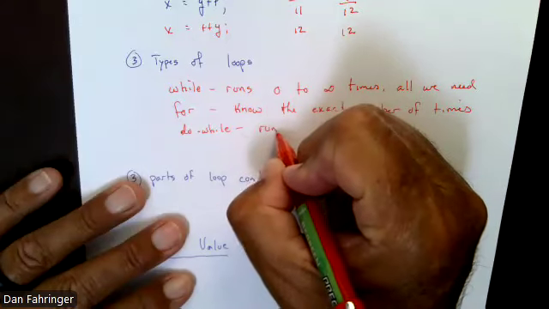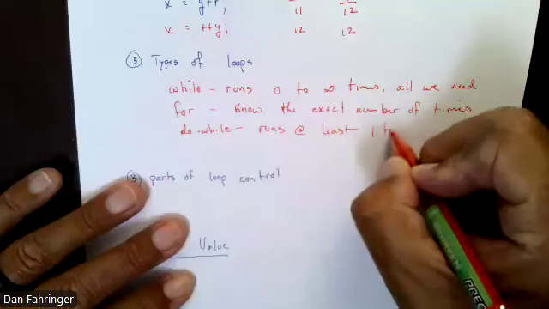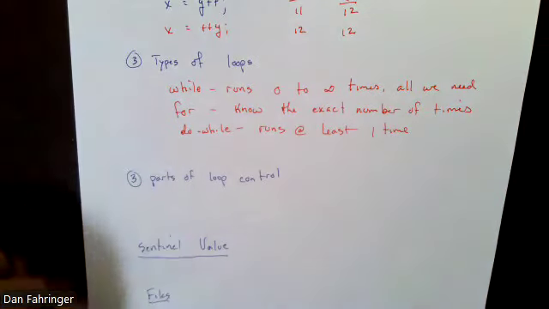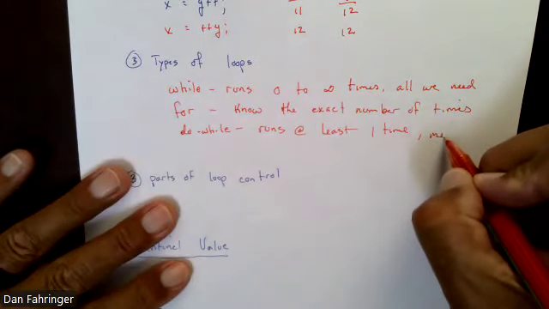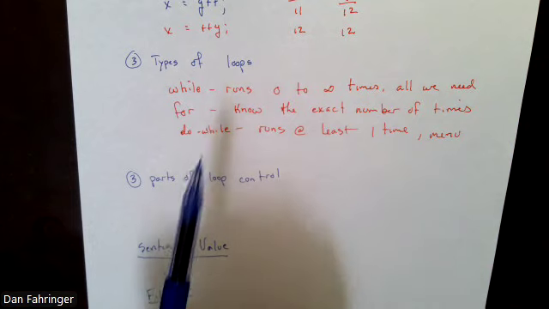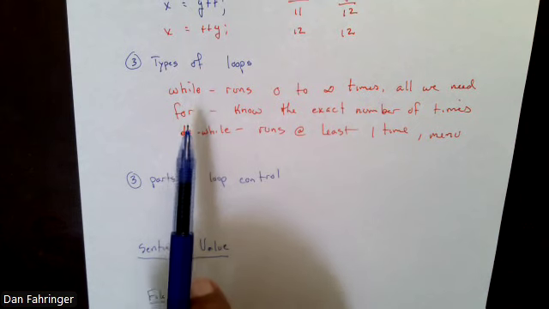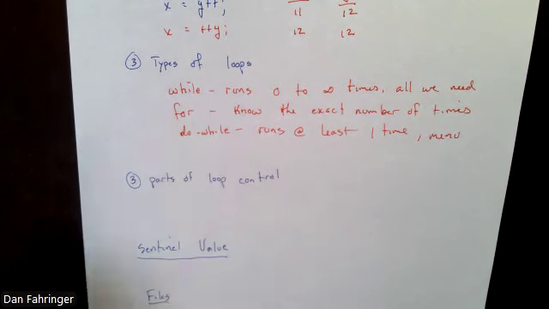This one runs at least one time. This was good for like a menu program. And again, my 162s are finding that, yeah, we're using this the most, this the second the most. In 121 and in this class, you're using the for a lot, a lot.